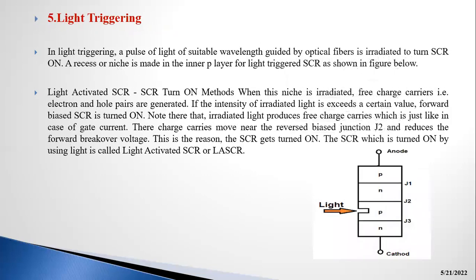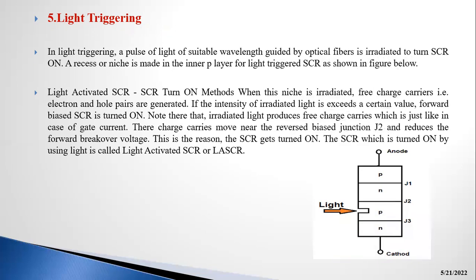Now we will discuss the last method, that is the light triggering. In light triggering, a pulse of light of suitable wavelength guided by optical fiber is irradiated to turn on the SCR. A recess or niche is made in the P layer for a light triggered SCR as shown in the given figure.